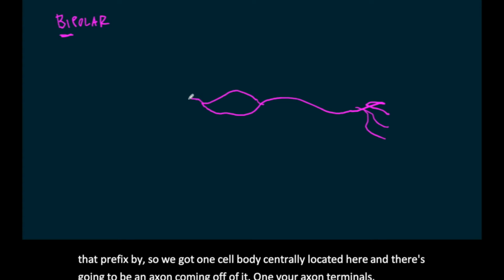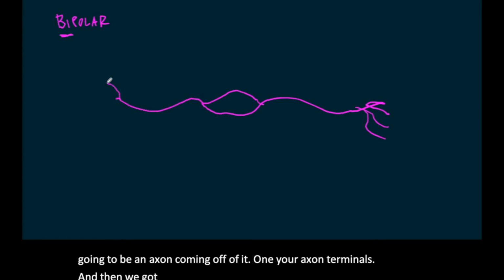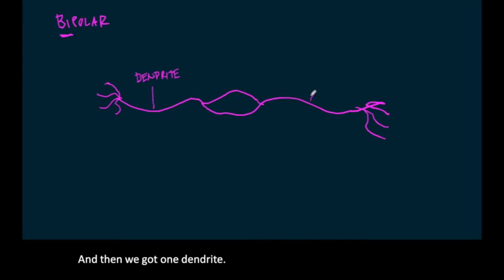And then we got 1 dendrite. So 2 processes coming out of that cell body, 1 dendrite, and 1 axon.